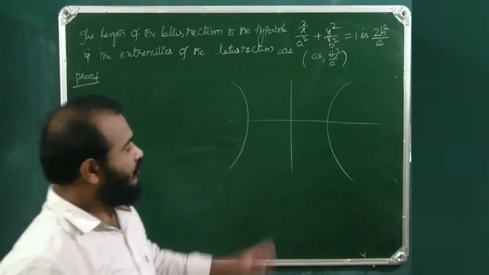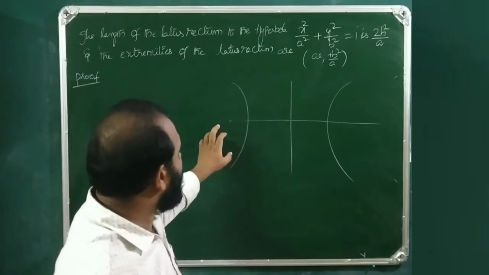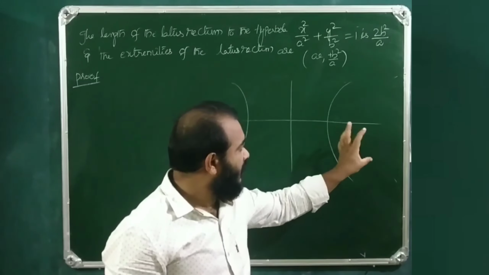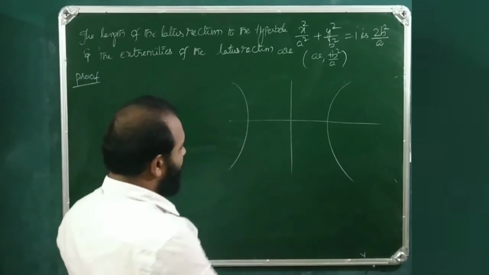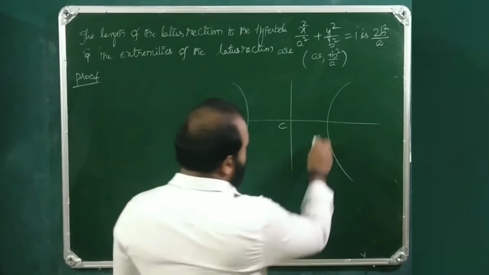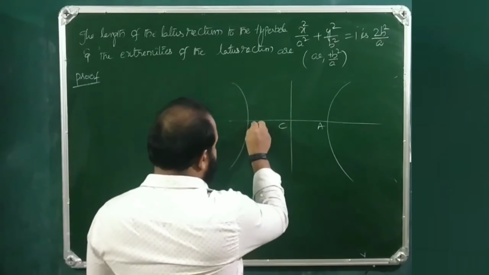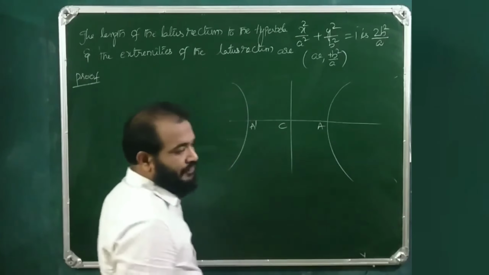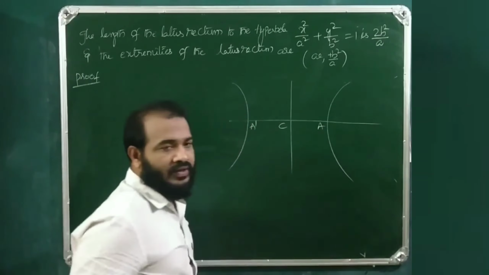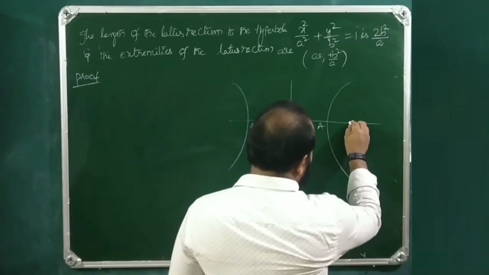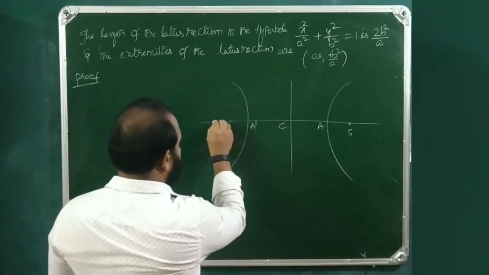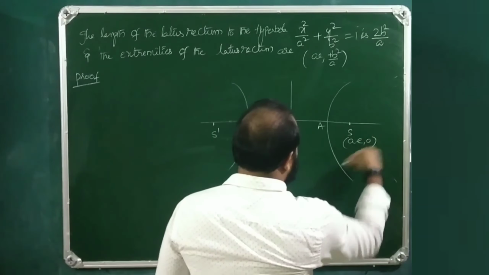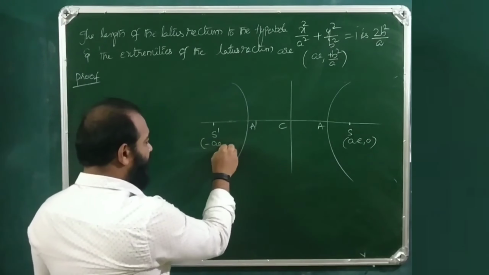The hyperbola is of this form. It consists of two branches, this being the center. A and A dash are the vertices. This is the x-axis, which is called the transverse axis, and S and S dash are the foci. This is ae comma 0 and this is minus ae comma 0.